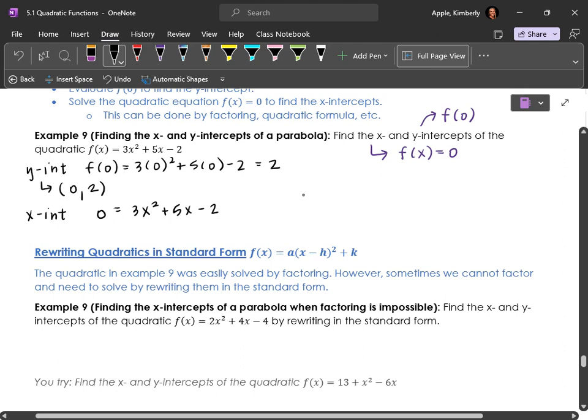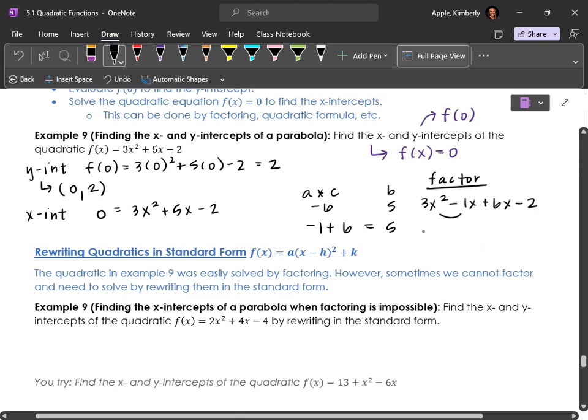I'm going to factor it, and I'm going to say, A times C is going to be -6, and B is going to be 5. So I need two factors that sum to 5, and so that'll be -1 and 6. And so, just a reminder on how to factor something. So we can factor by grouping by saying 3x squared minus 1x plus 6x minus 2.